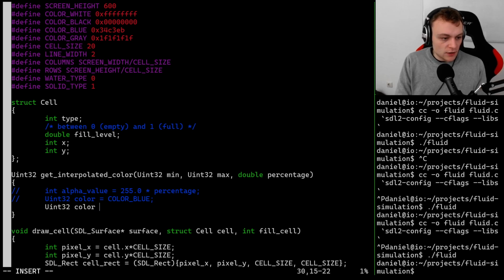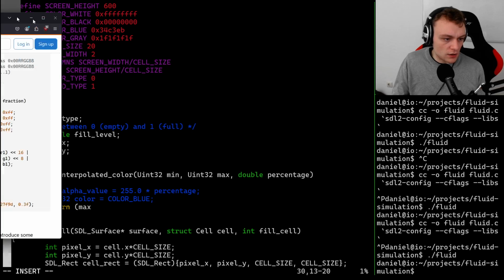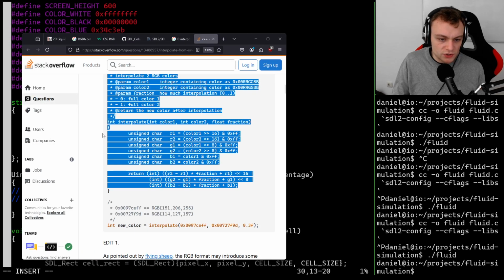Color is... this is really complex. I'm not really a fan of these byte shifting things. So we need to get the max. Let me just copy this.